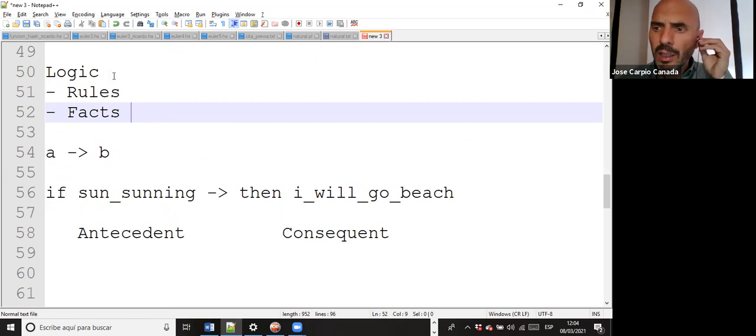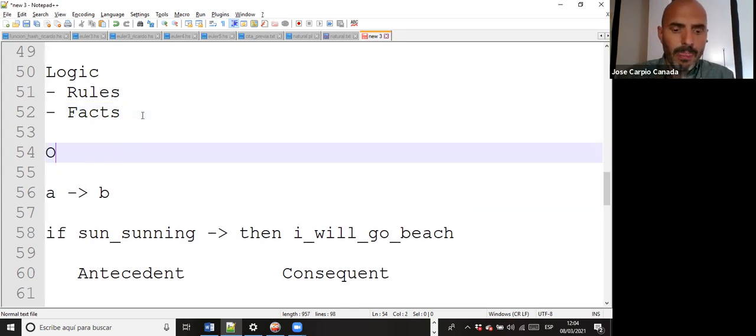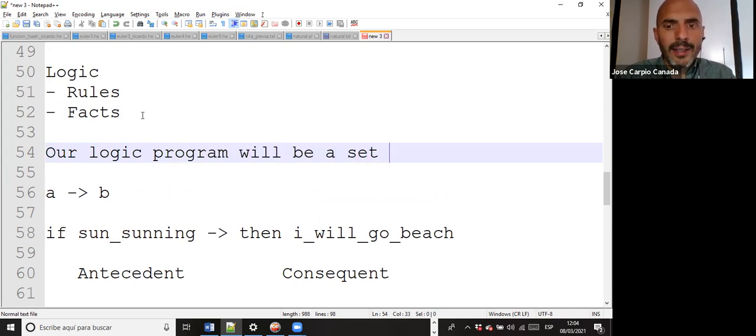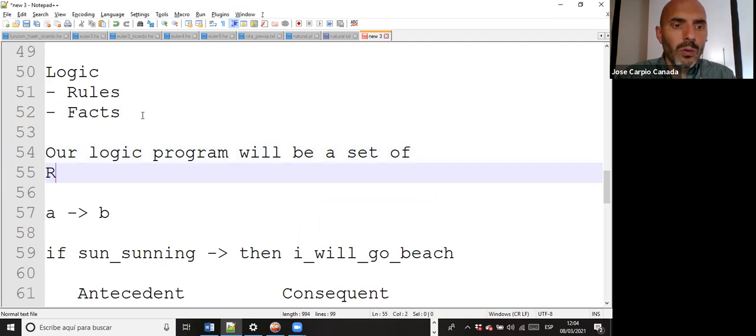In this case, if we write that, it has to be true. Our logic programs will be a set of rules and facts.